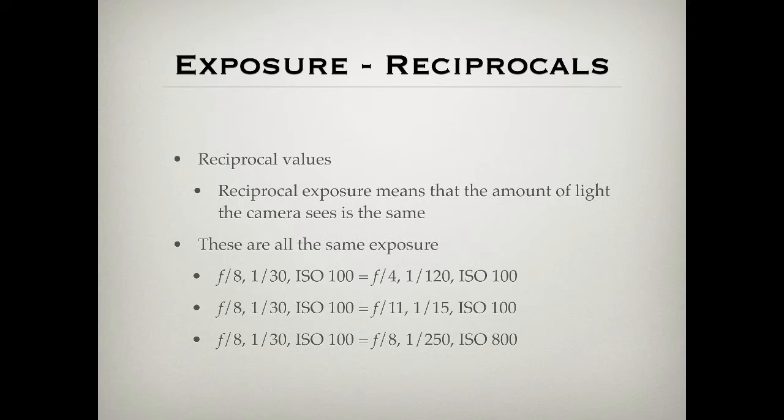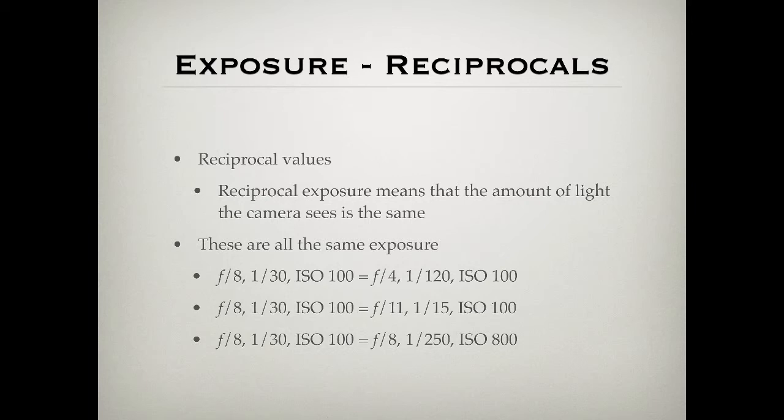So how do we compensate for that? We want f8. That's our aperture opening. So in this case, to increase the shutter speed, we can increase the ISO by 3 stops, making our sensor more sensitive to light falling on it. We're amplifying that signal, is what we're actually doing. So to go 3 stops more sensitivity, we go 100 to 200, 200 to 400, 400 to 800.